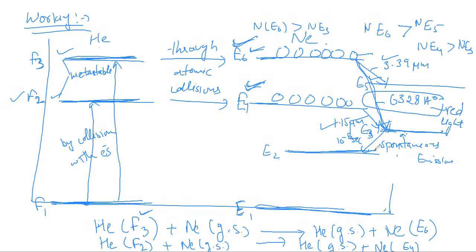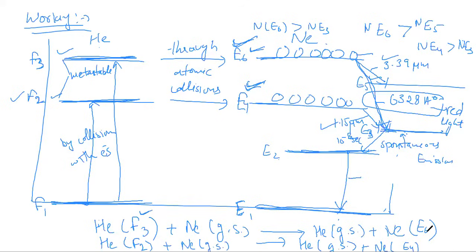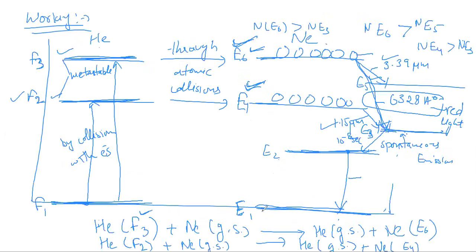E2 में जब एटम्स आएंगे वो E1 में चले जाएंगे. और यहाँ पे ये जो एटम्स हैं ये नीचे लाने के लिए आपने जो नैरो ट्यूब यूज की थी, remember I said the word long narrow tube. तो जब आपके नियोन के एटम E2 में पहुंचेंगे तो वो ट्यूब के साथ कोलाइड करेंगे और they will come back to the ground state here. फिर वो यहाँ पे आपके ग्राउंड स्टेट में आ जाएंगे. This happens through collision with walls and that is why उसकी वॉल्स को आप नैरो रखते हो.